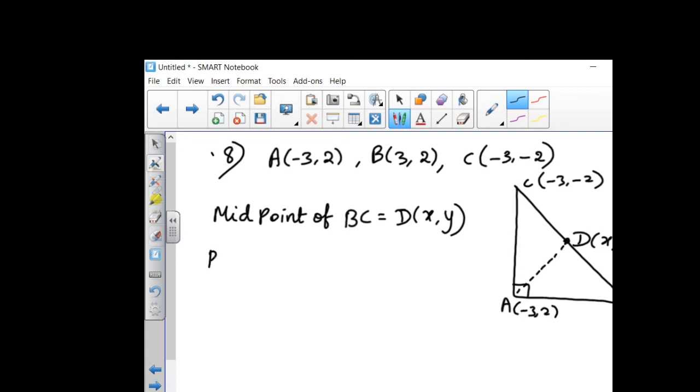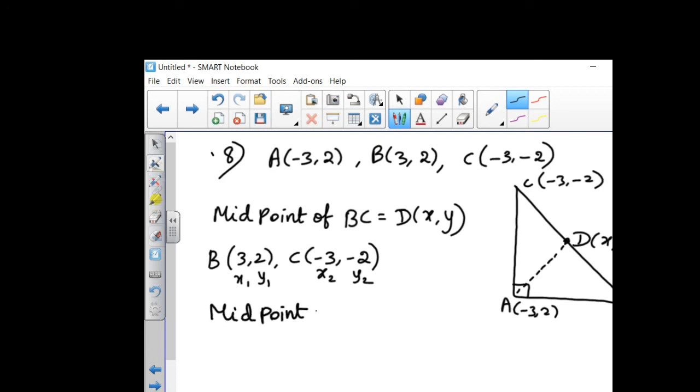So B point is 3 comma 2 and C point is minus 3 comma minus 2. Okay. So you can take it, this is x1, y1, x2, y2. Therefore, midpoint formula: x1 plus x2 by 2. Midpoint of a line is equal to x1 plus x2 by 2 comma y1 plus y2 by 2.